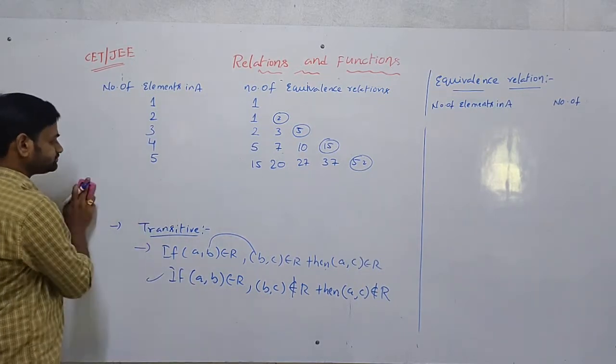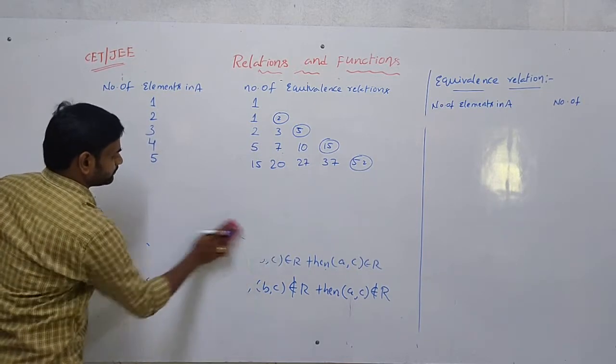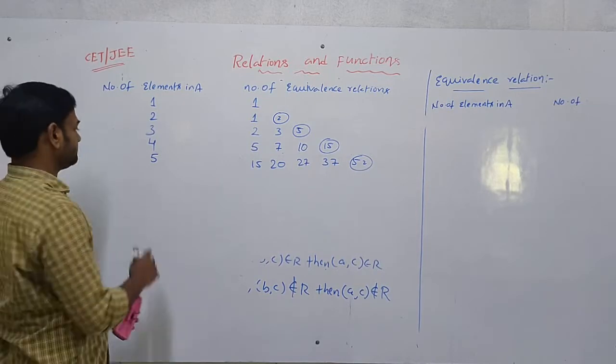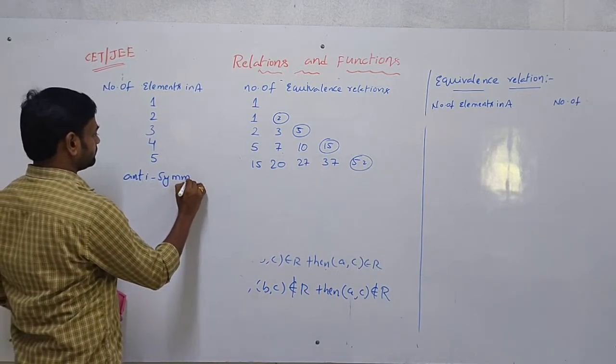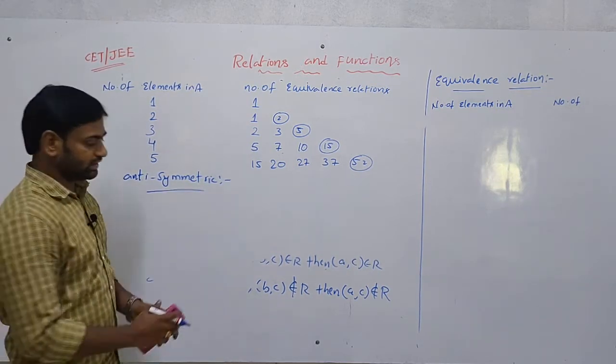Next, these are the types. In this one more is there. All of you know symmetric. What about the anti-symmetric? Anti-symmetric relation.